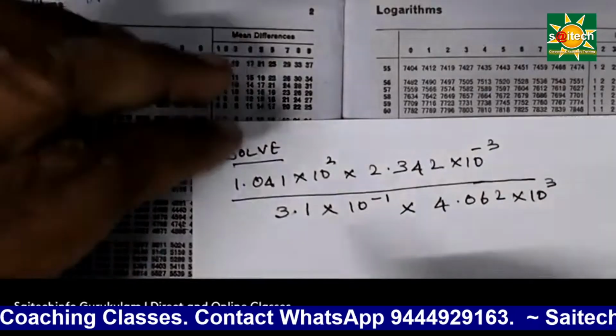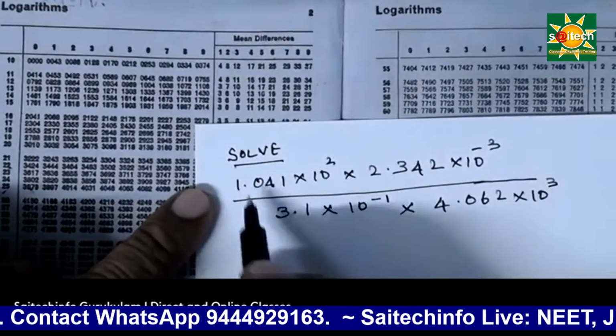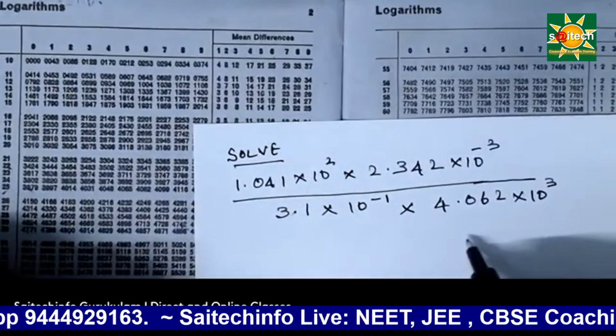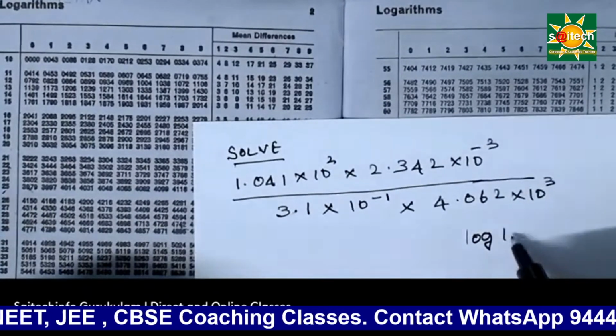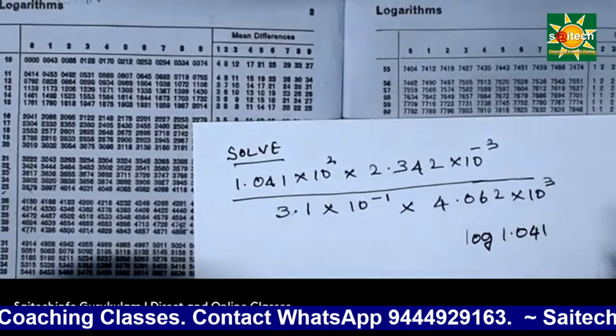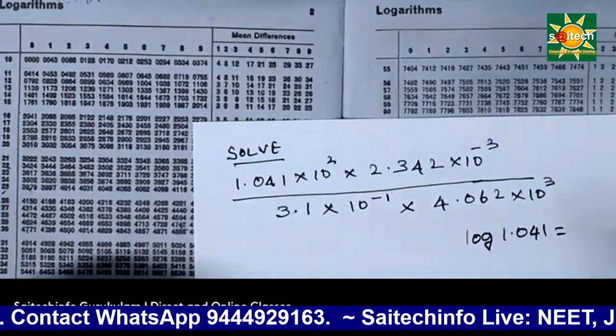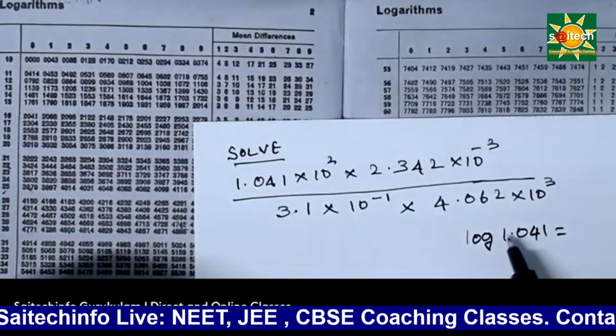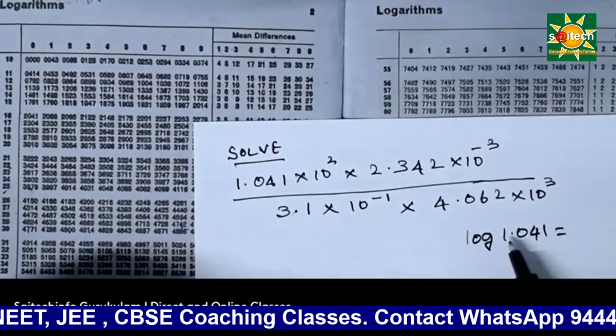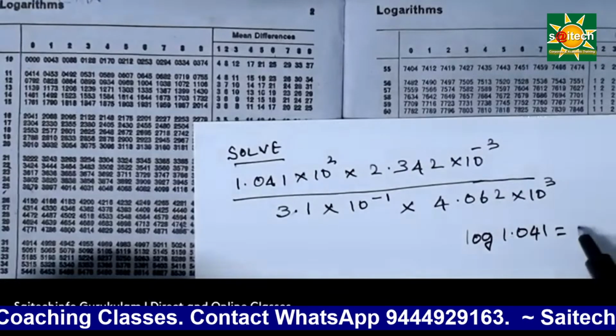Let me write the logarithm of 1.041. Log 1.041. So its value is, now what you are supposed to do is, before the decimal, if you have got only one single digit, you can put 0.